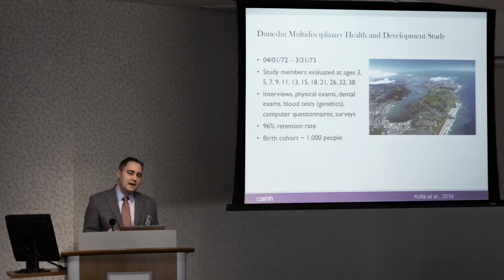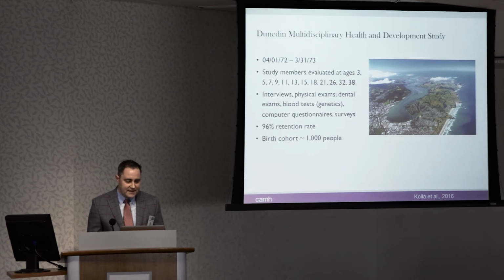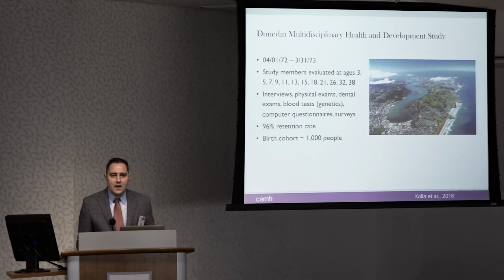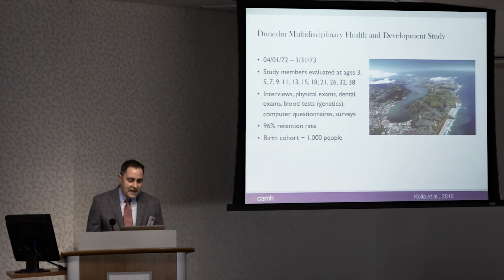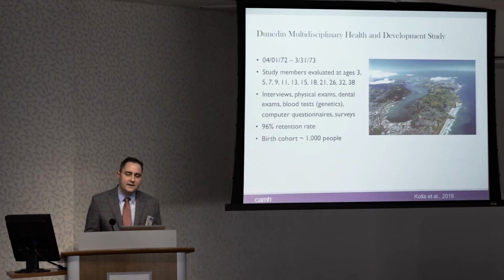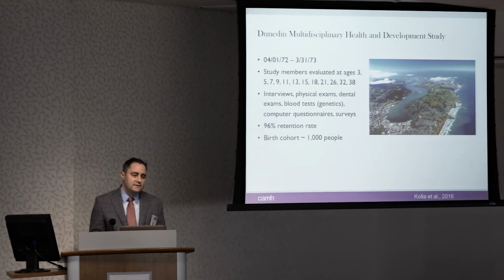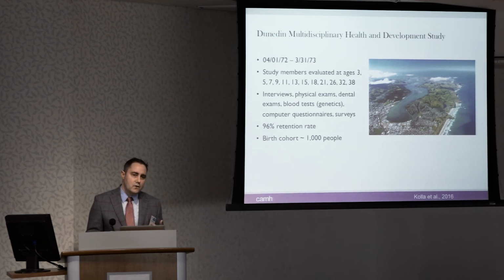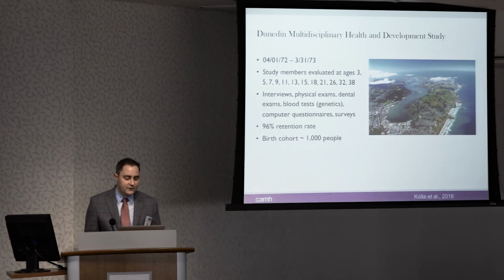They've been assessed at various time points in their life, from age 3 to 38. They get interviews, physical exams, blood work, etc., and they fill out questionnaires. There's an extremely high retention rate because let's say one of these people moved to the States, they'll actually fly you back to New Zealand in order to get your data and not lose a data point. So there's a very low attrition rate.